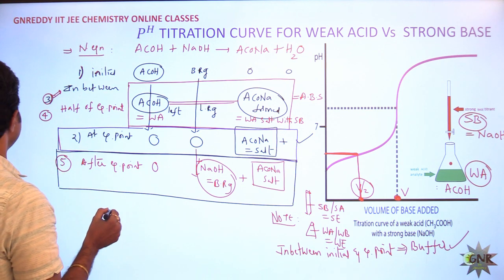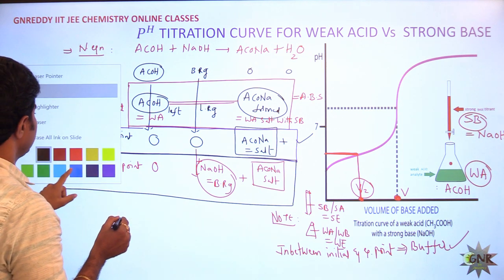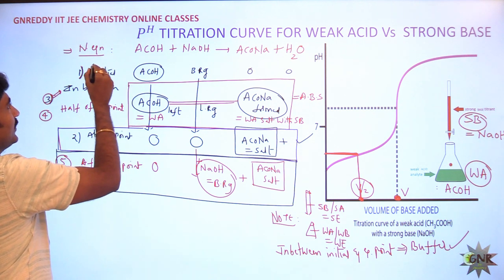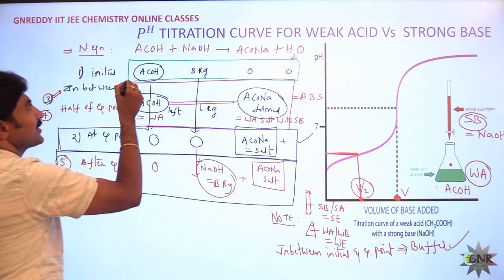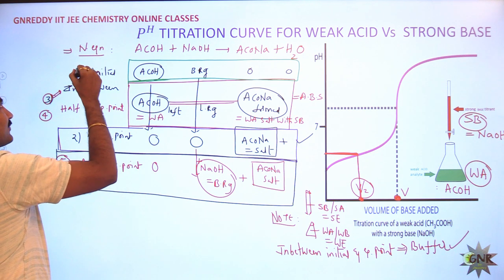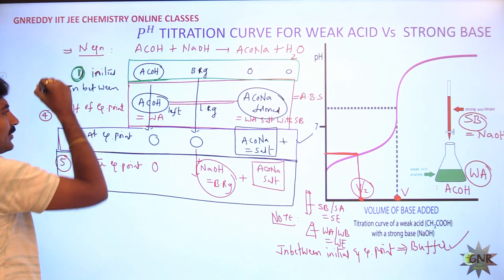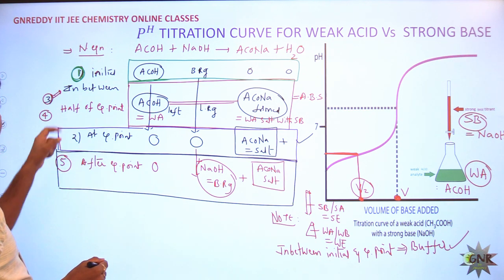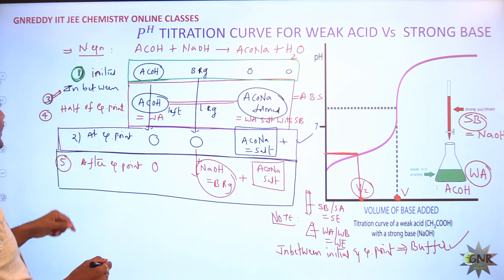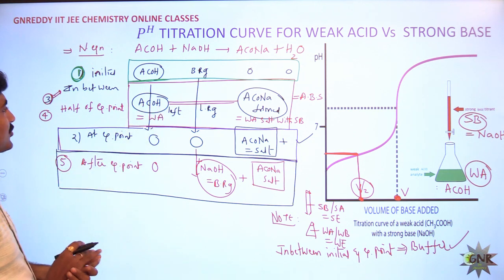At the beginning, initially, only weak acid is there. This is only weak acid at the initial stage, and at equivalence point this one, and so in between initial and equivalence point, an acidic buffer solution.